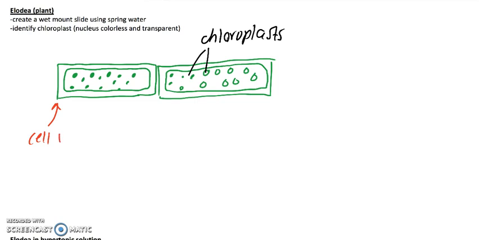This is your cell wall, unique to plants. This border right here would be your cell membrane. Again, any region on the inside, we call just cytoplasm.